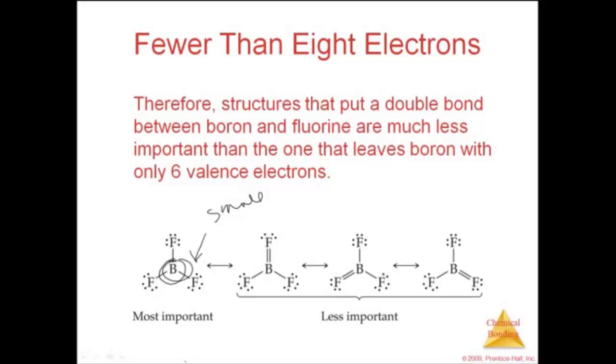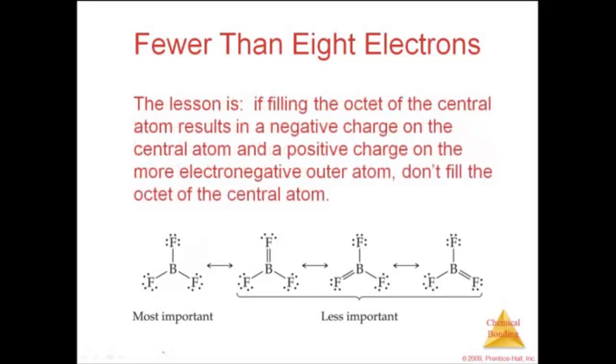Kind of a weak explanation, but that's the wisdom people use. If you remember CNOPS, which is which atoms form double bonds, fluorine's not part of that group, so this is not a good structure. So for a couple of reasons we're going to know it's that.